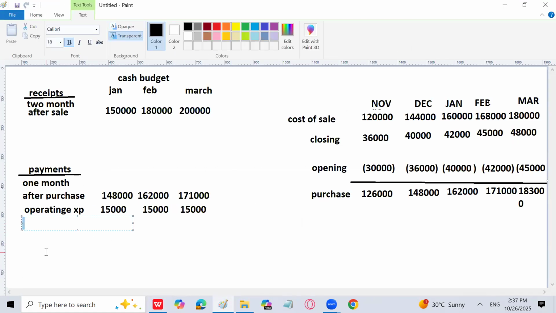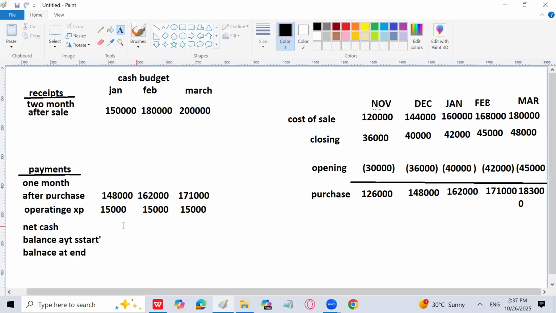So I will go with the net cash here. Then I'm going to write the balance at start, and I will get balance at end. So balance at start is 4,500.